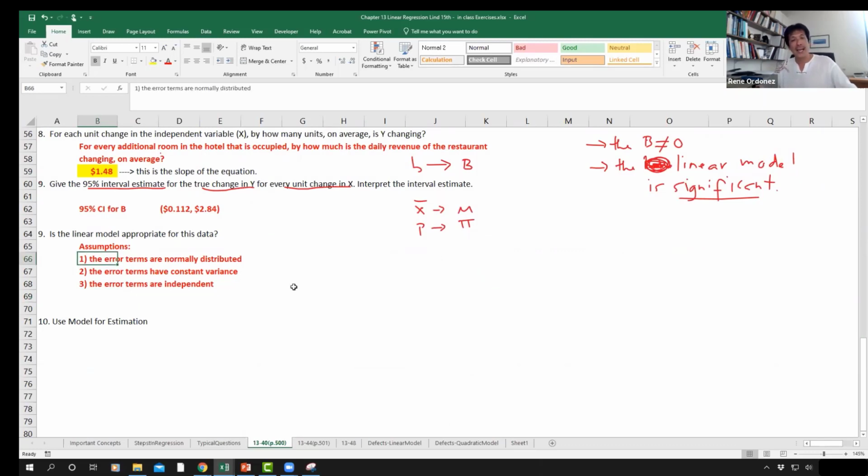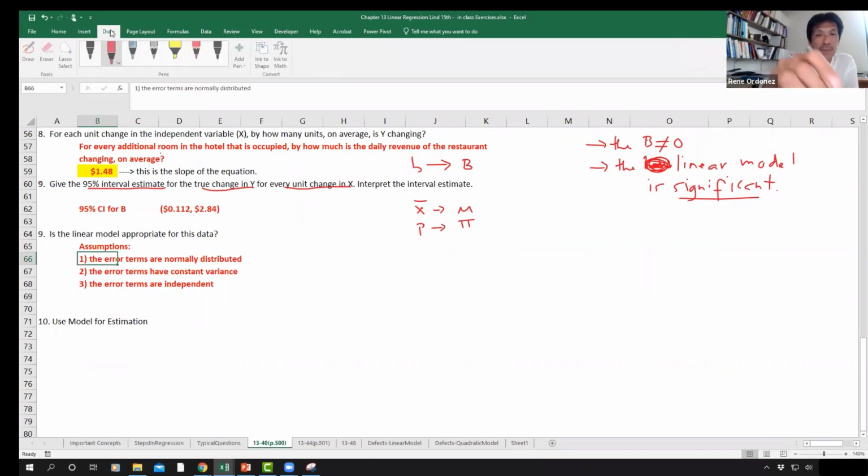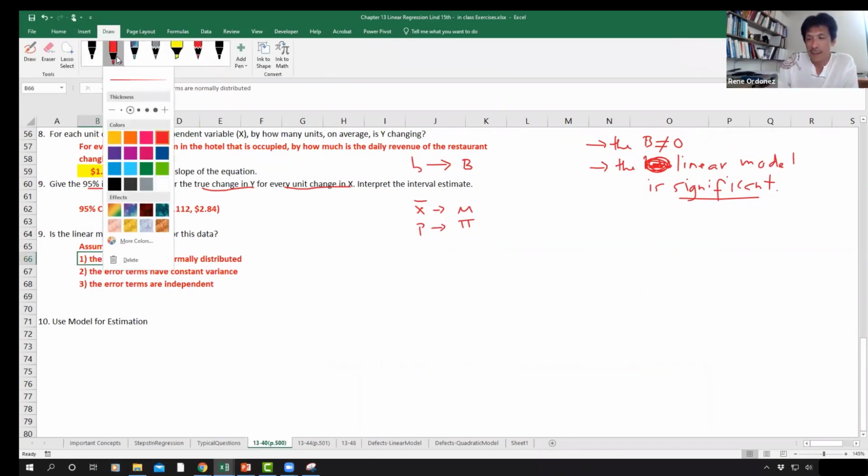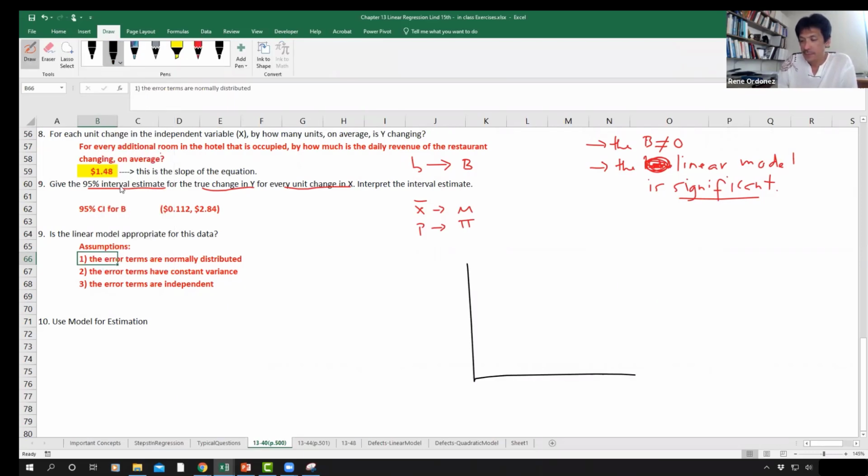When we're looking at an error term, okay, so here's your line. Here are the observed values.